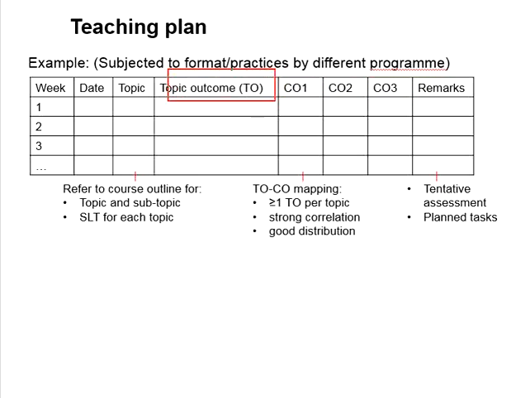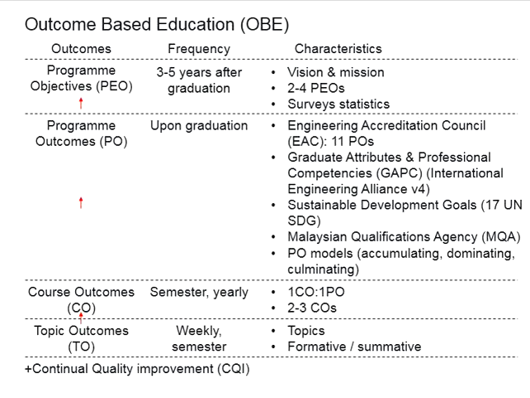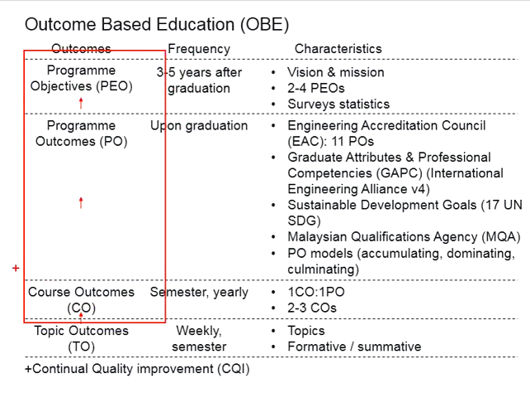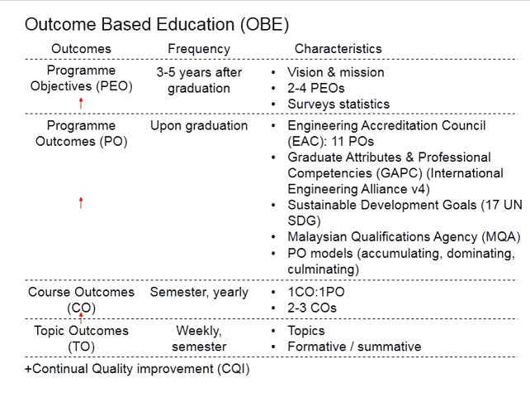Now, the topic outcome serves as a bridging tool, paving the way to the course outcome. Why is it so? This is because when it comes to the formal evaluations and analysis, the lowest level will be the course outcome. In this case, we will use the topic outcomes as a tool towards the attainment of the course outcome.